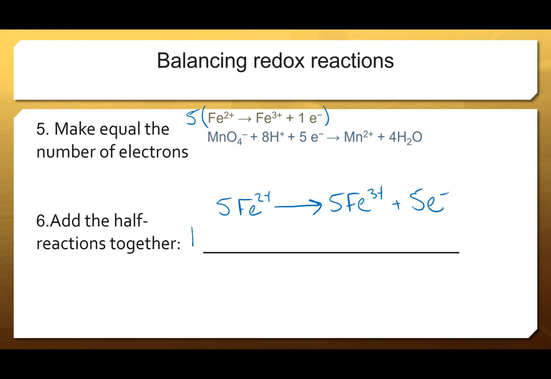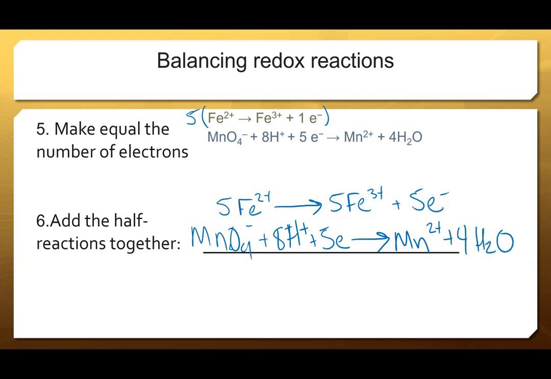And down here we're going to have manganese oxide plus 8 protons plus 5 electrons, giving manganese ion, 4 molecules of water.